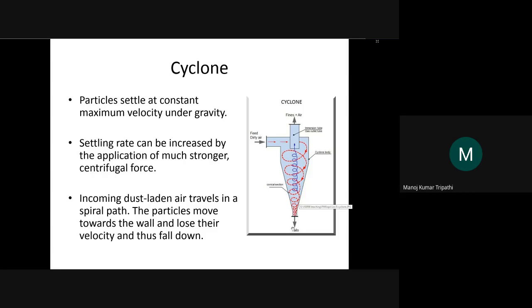And this thing that is shown here, tails, is from where you get the particulate matter. And this blue path that you see here is the path of the air and the very fine particles which are not separated.